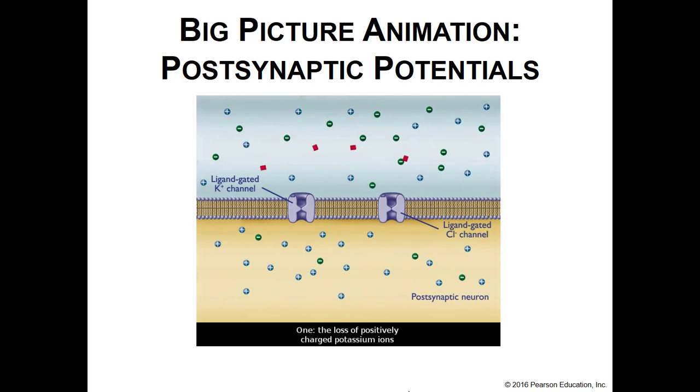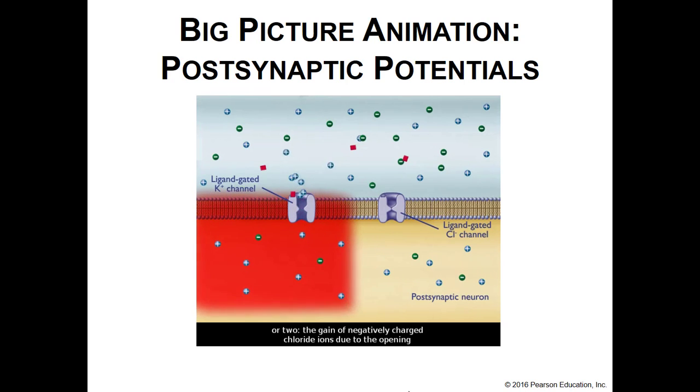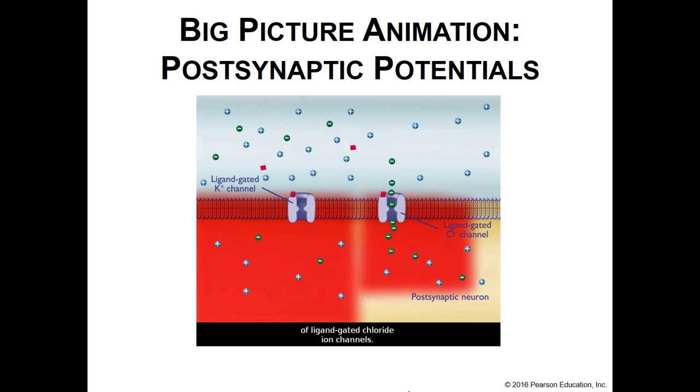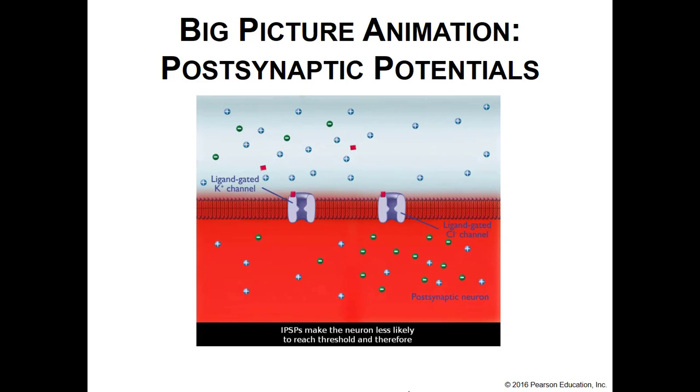One, the loss of positively charged potassium ions due to the opening of ligand-gated potassium ion channels, or two, the gain of negatively charged chloride ions due to the opening of ligand-gated chloride ion channels. IPSPs make the neuron less likely to reach threshold and therefore less likely to fire an action potential.